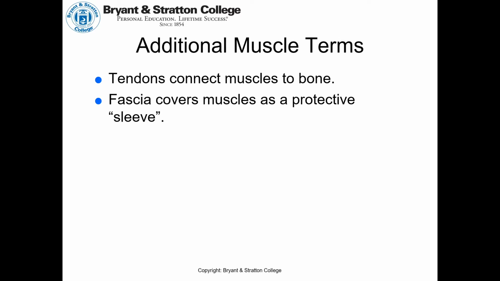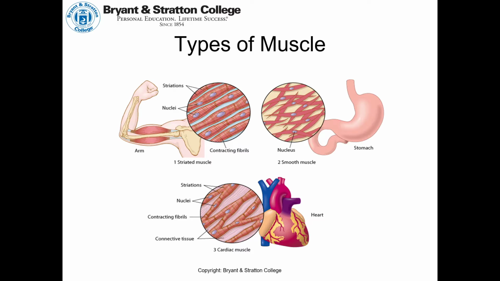Tendons, again, important to know that tendons connect muscle to bone, whereas ligaments are bone to bone. Fascia is a term for connective tissue that covers not just muscle, but covers muscle as a kind of protective sleeve, holds things in place, all right?